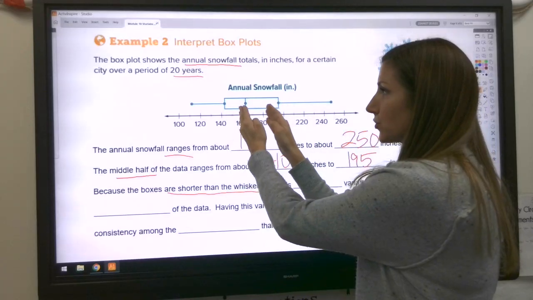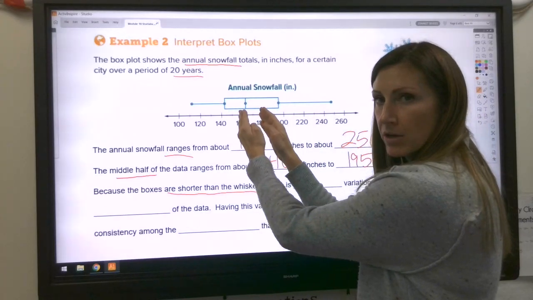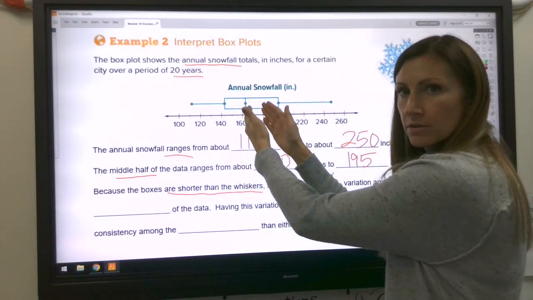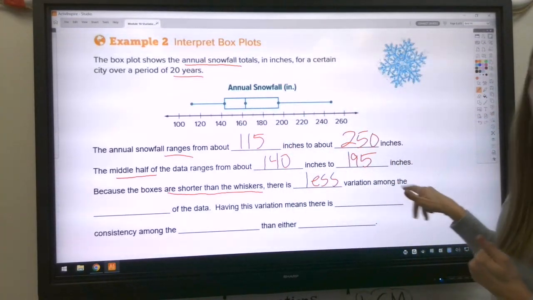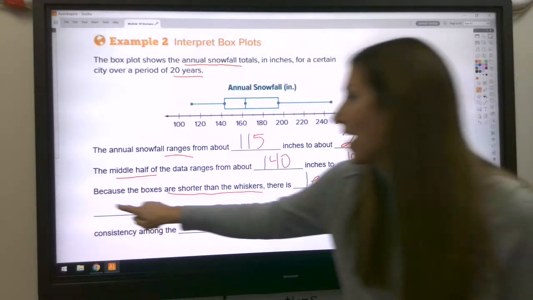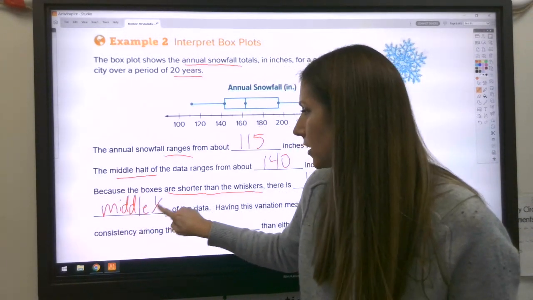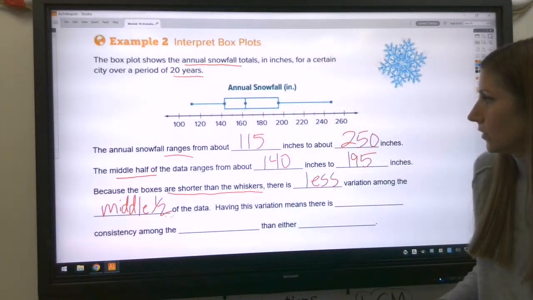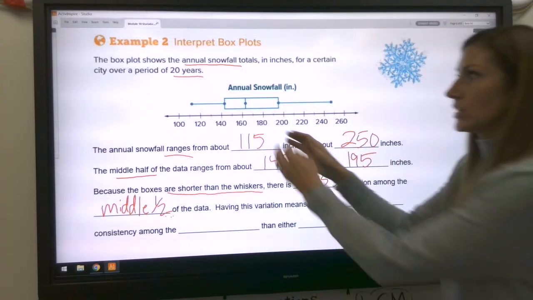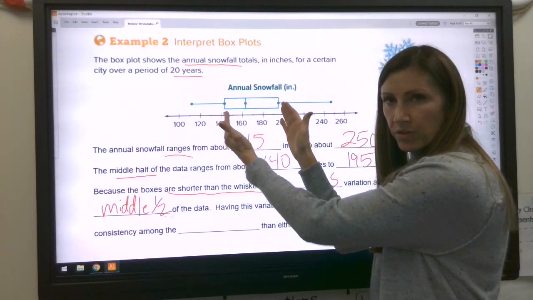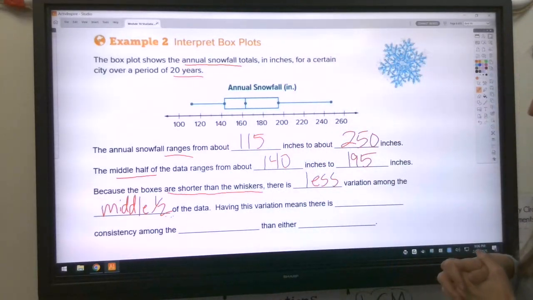Since the boxes are shorter, they're closer to the middle, it's less. There's less of a variation among the middle half, because that's where we're specifically focusing. And for short writing, I'll put just a half. So the variation wasn't about all of the data, it was about just within that middle, between the quartiles.